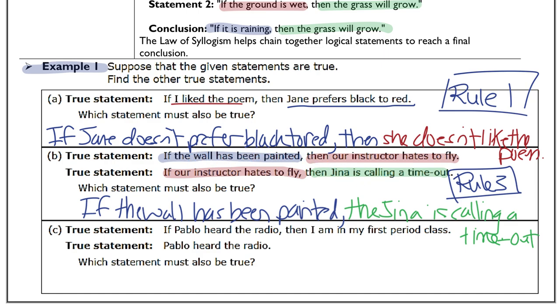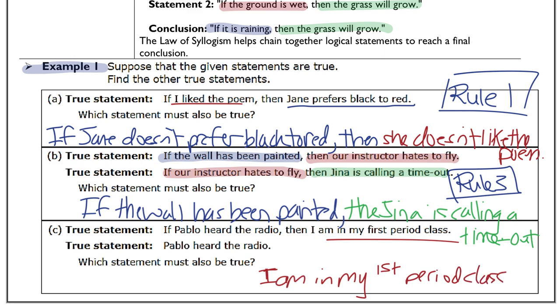The last one is saying, well, we have this true statement that if Pablo hears the radio, then I'm in my first period class. That's a true statement. So what happens if Pablo heard the radio? What can you say? Well, you're just going to say that I am in my first period class.